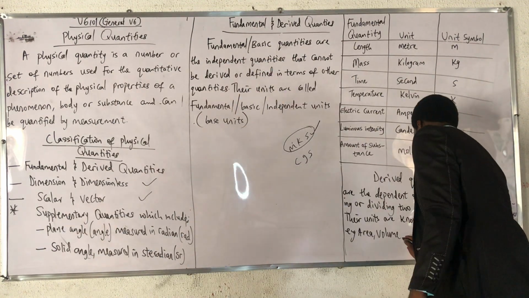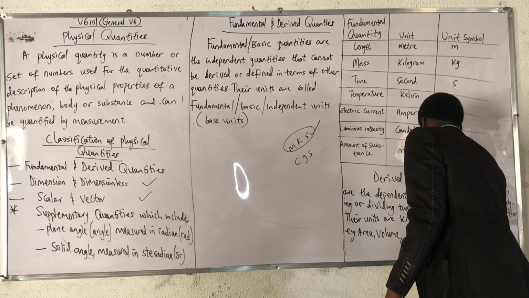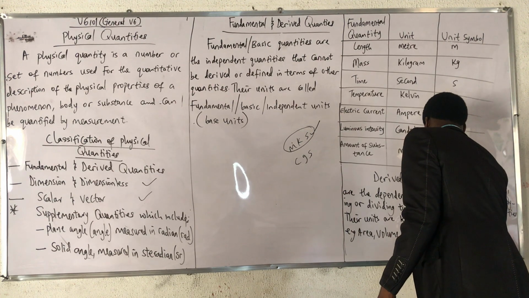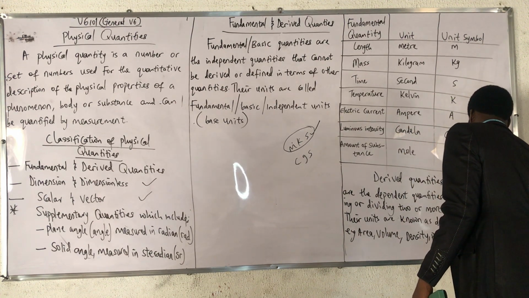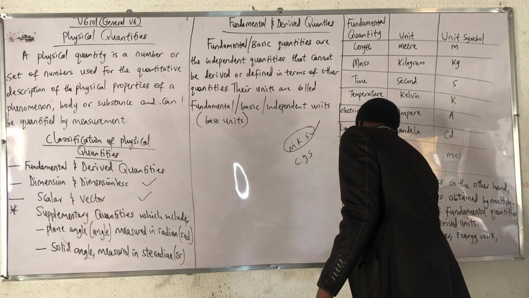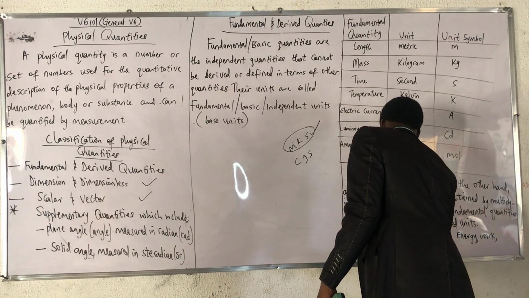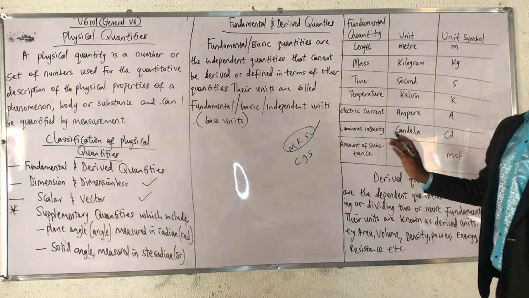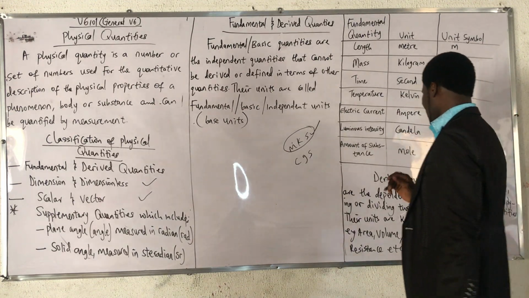Area, volume, density, power, energy, work, resistance, etc. They are all derived quantities.